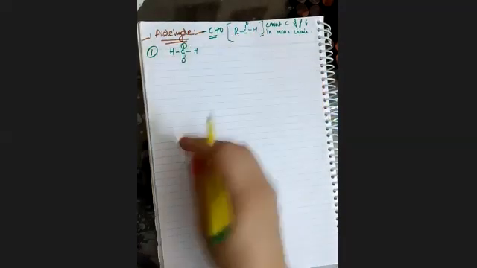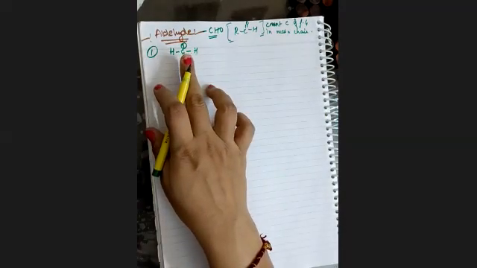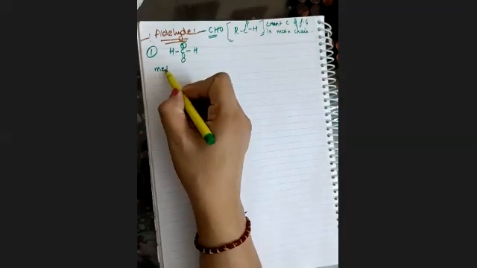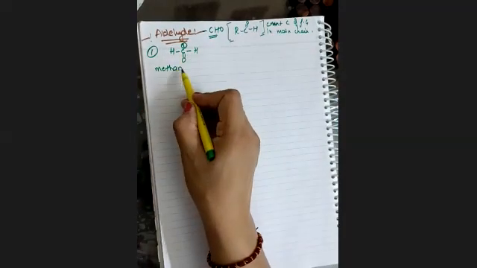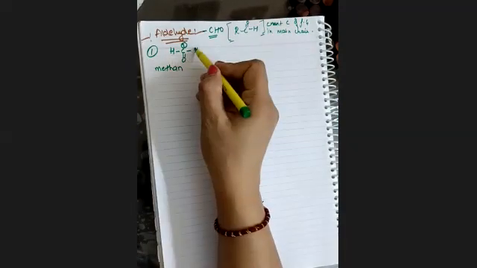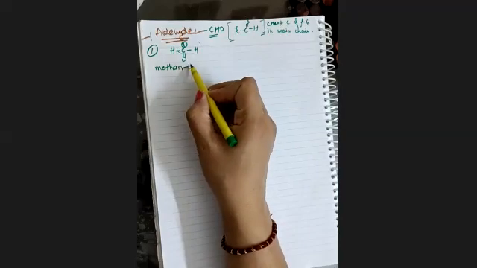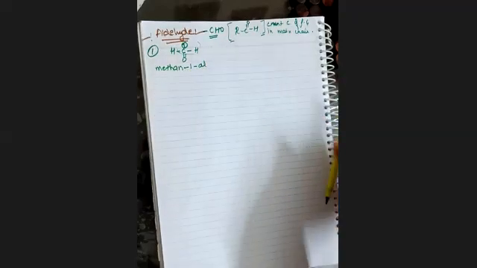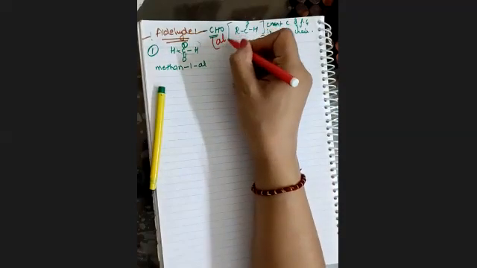So this is the first and only carbon here. One carbon means meth, all single bonds, so ane, and on the first carbon your CHO group is attached. So first, al. Remember, for aldehyde, in place of ol, we use al.